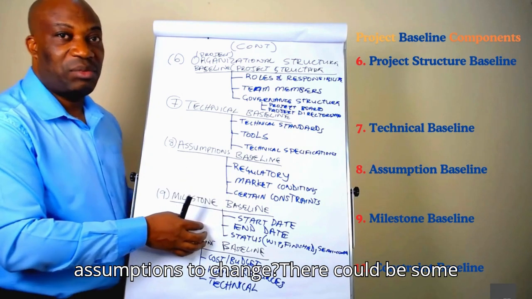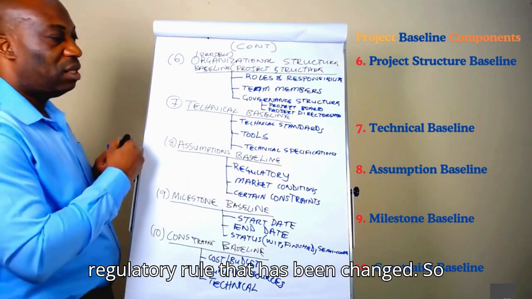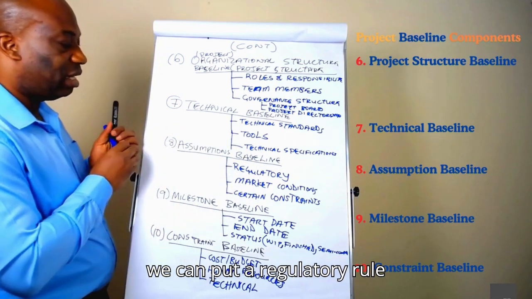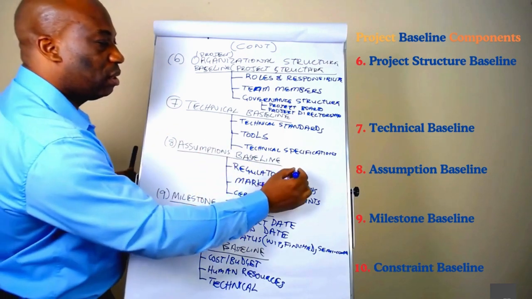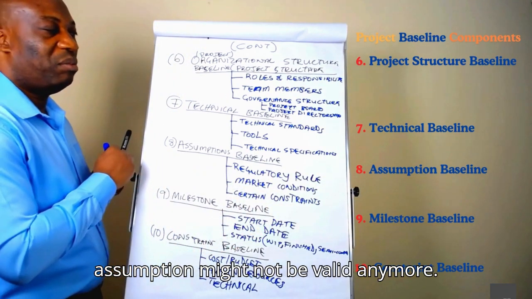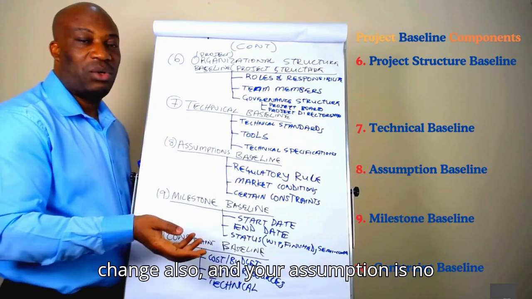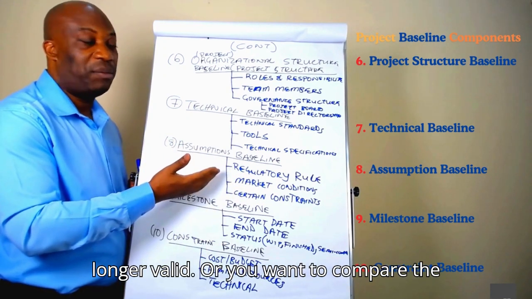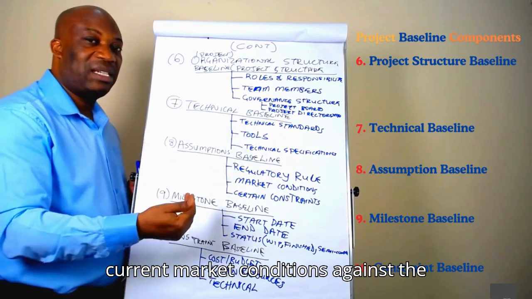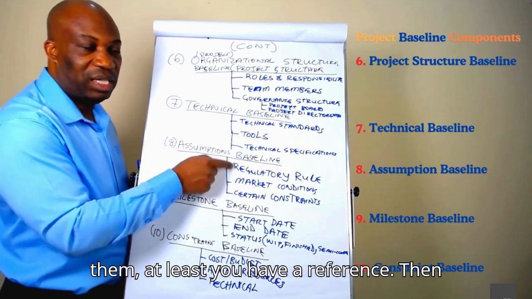What causes these assumptions to change? There could be some regulatory rule that has been changed, so it means your assumption might not be valid anymore. It could be market conditions, they might change also, and your assumption is no longer valid. Or you want to compare the current market conditions against the previous one. Since you have baselined them, at least you have a reference.